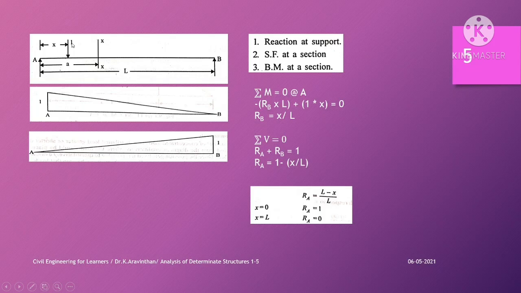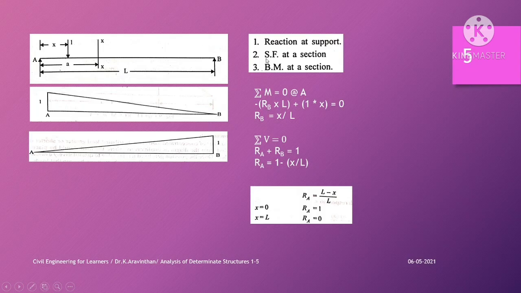To draw an influence line diagram, you assume a unit load which will be crossing. Let us assume this unit load is at a distance of x, and we need the bending moment at a section xx. This section might be at a distance of a.